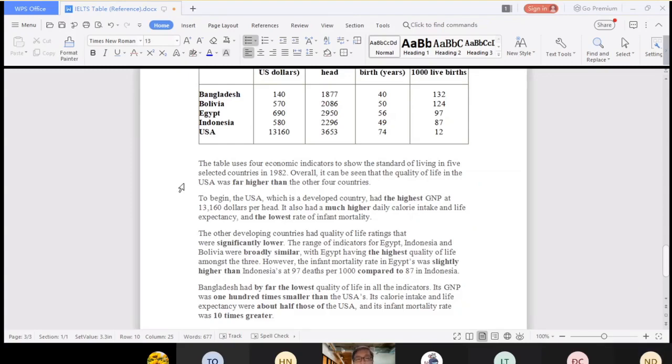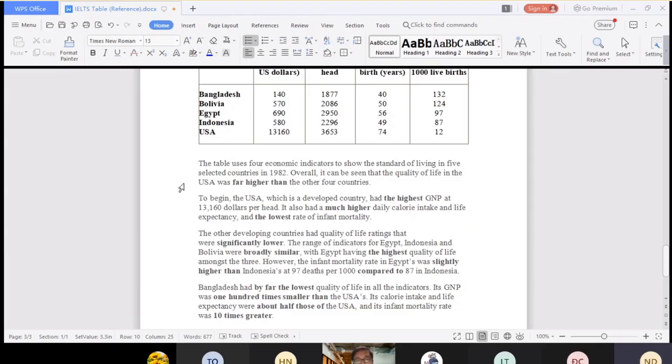Now continue to begin. To begin, the USA, which is a developed country, had the highest GNP at $13,160 per head.